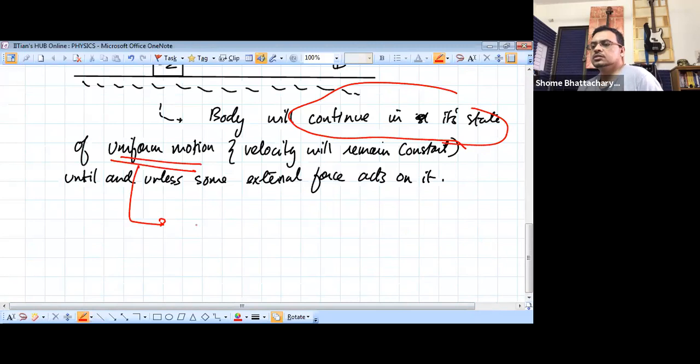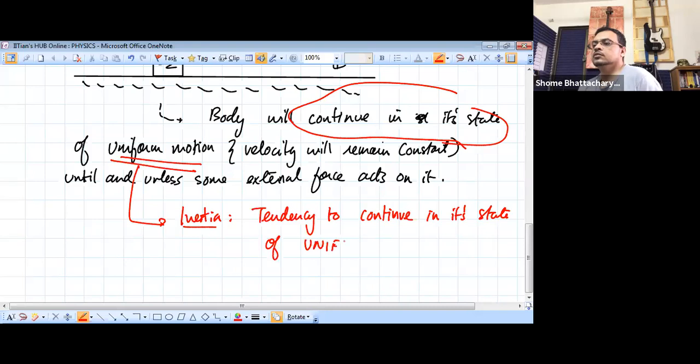So this is again the property of inertia. It has a tendency to continue in its state of uniform motion. It opposes any change.